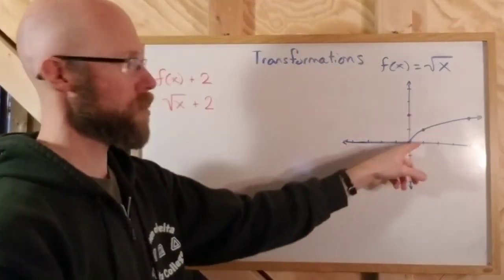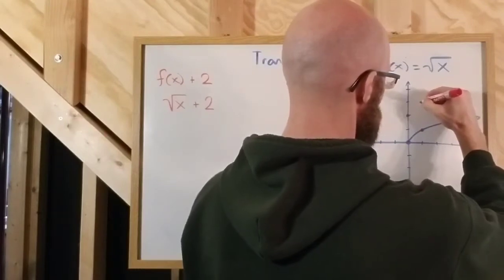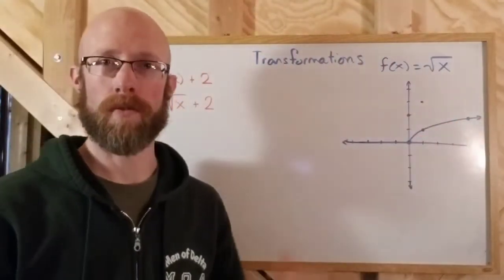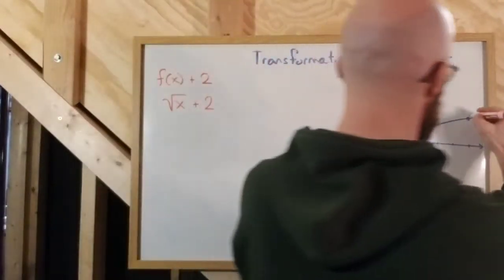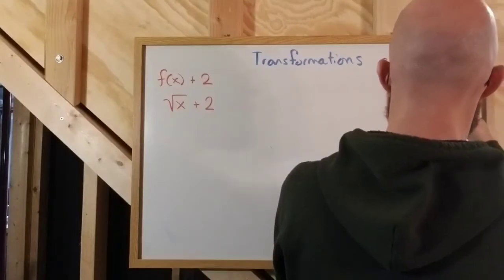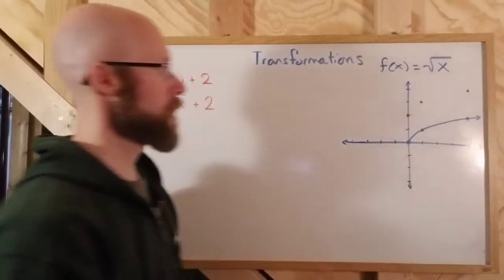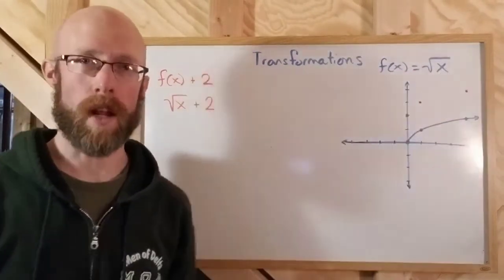Instead of (1, 1), you'd have (1, 3), right? It's 1 plus the 2. And instead of (4, 2) would be (4, 4), right? You add 2 to that output. About there. And so what you have is basically the same shape, just shifted up 2 units.